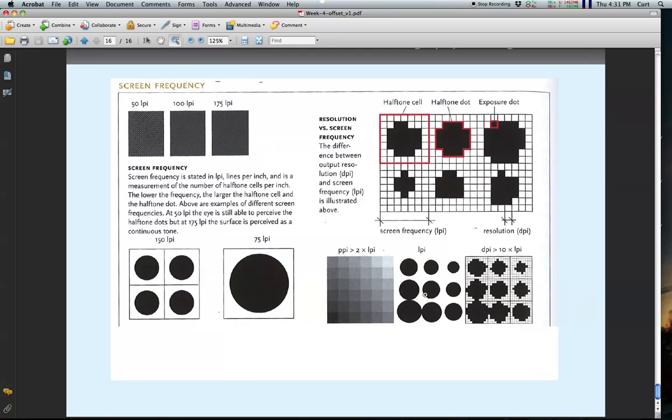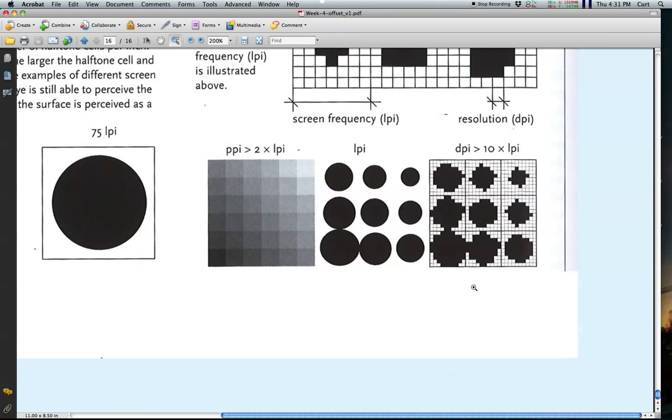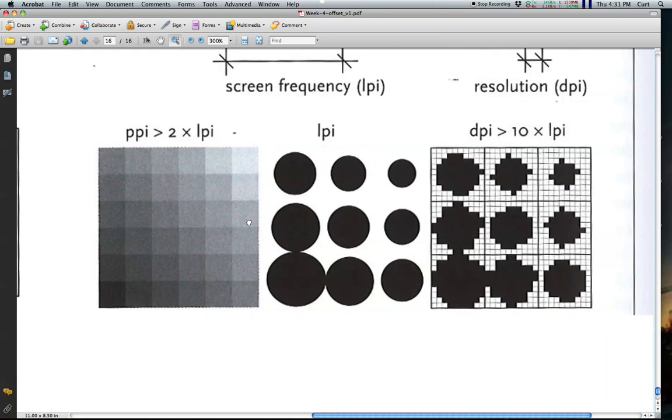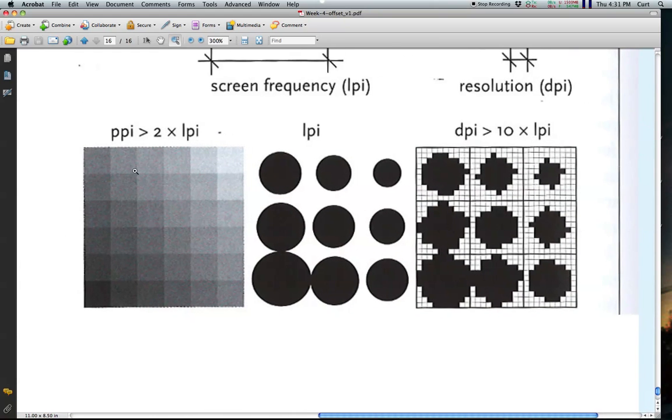So in this image down here, you can see that PPI here is our pixels. We have our pixels there. And then to turn those pixels into LPI, to actually create these halftone dots, the computer makes even smaller grids to define how those dots are made.